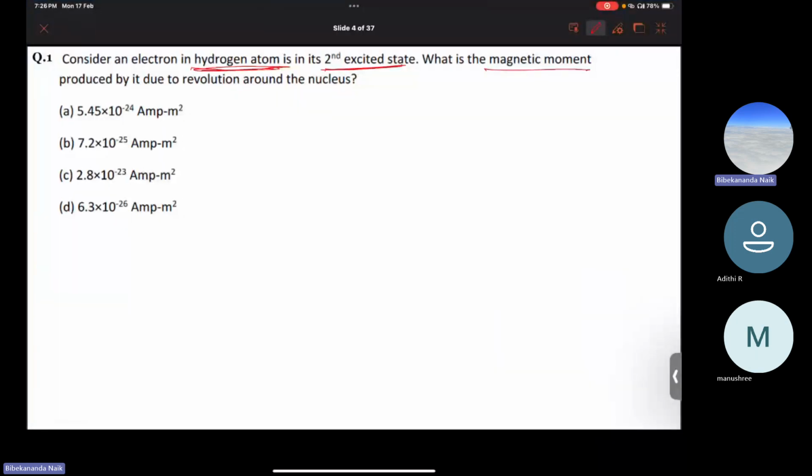So can anyone tell me what will be the correct option? I'm still solving it, sir. One minute.